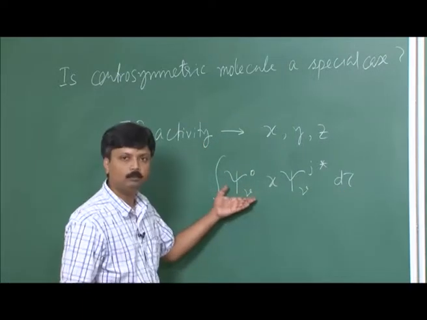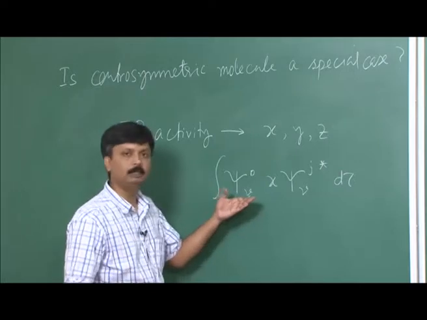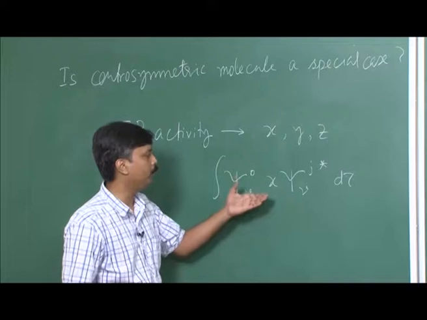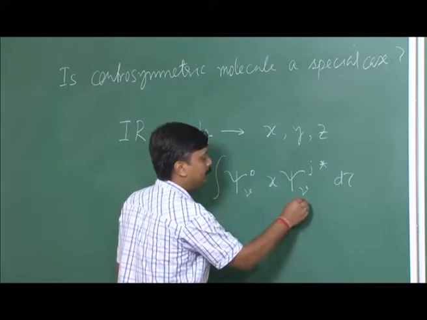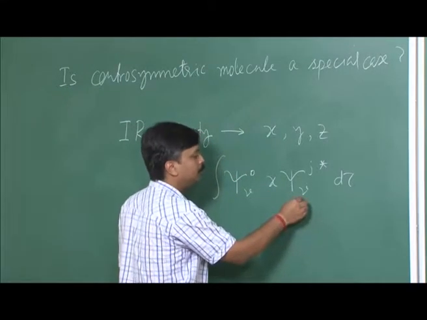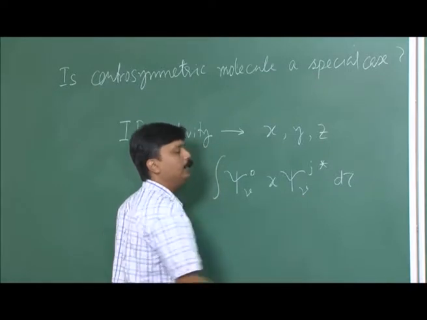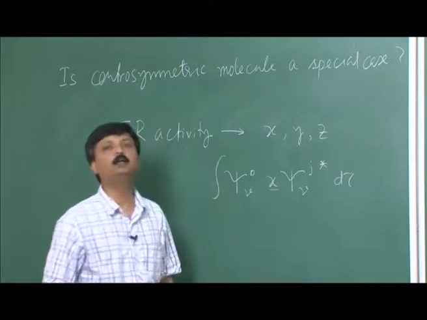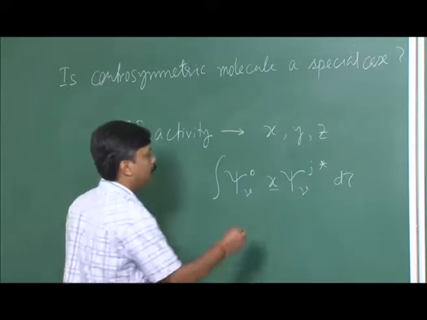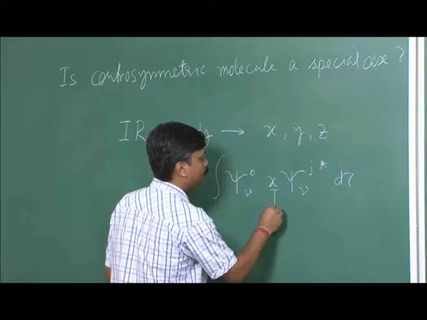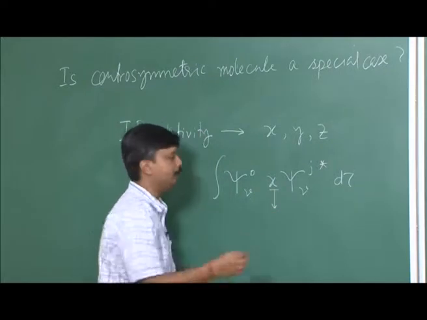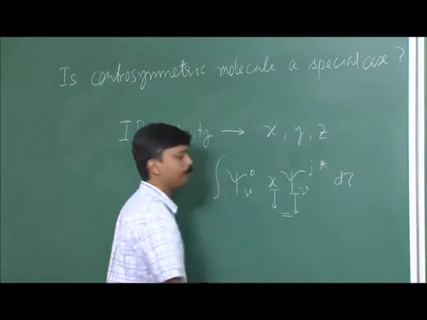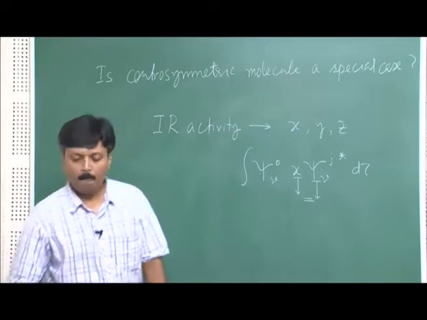Since this transforms as the totally symmetric irreducible representation of the particular point group, the normal mode must transform as the irreducible representation to which x forms the basis. Therefore the symmetry of this and this must be the same, correct.